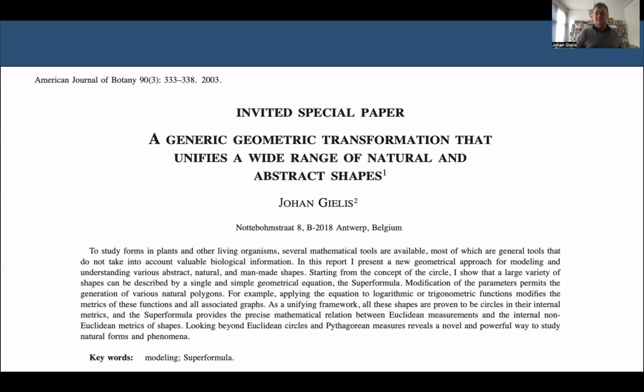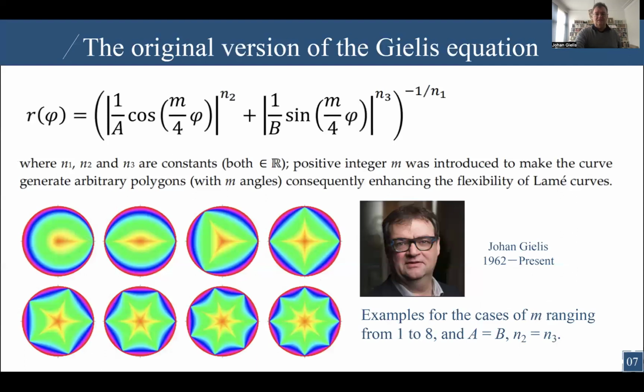I called it originally Superformula, a generalization of supercircles and superellipses, but afterwards people called it Gielis Formula after me. And what is very different from the original x to the n plus y to the n is we transformed it into polar coordinates. And what is important is the factor m.